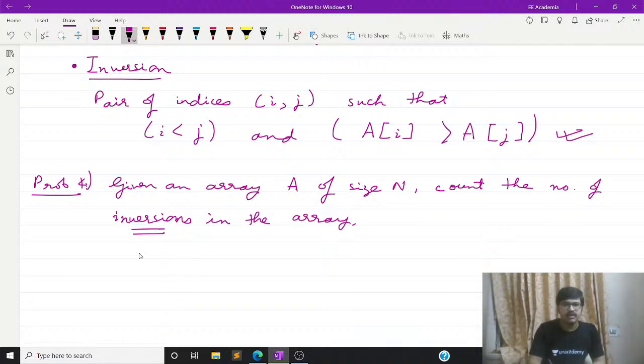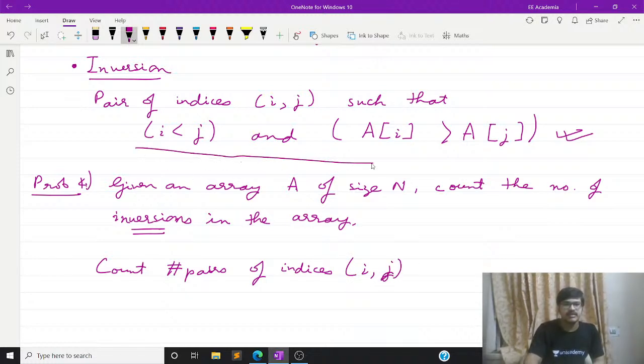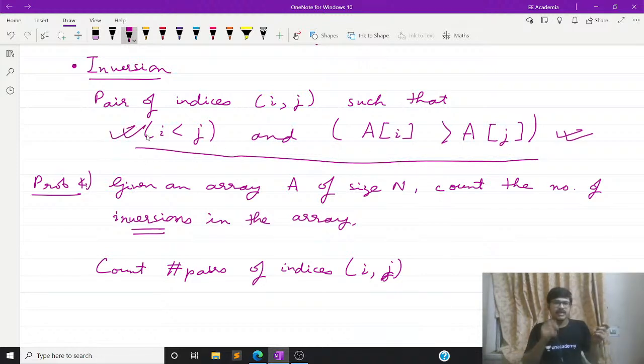Basically, you have to count the number of pairs of indices i, j such that this is satisfied: i less than j and A[i] greater than A[j].